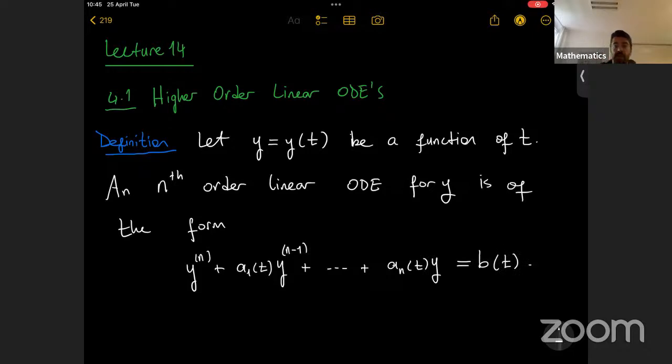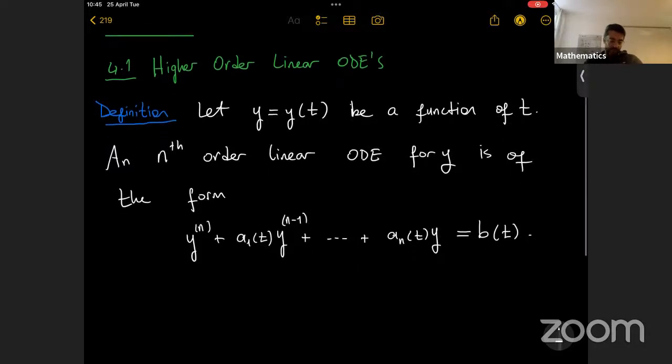So when you have an equation in this form, you say it's an nth order linear ODE. It's linear because we don't have any mixed term like y squared or t times y. We don't allow this in a linear equation. Here, we only have single terms like y, and functions of t are fine.